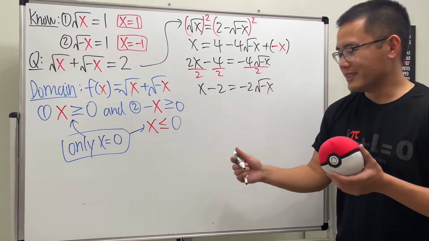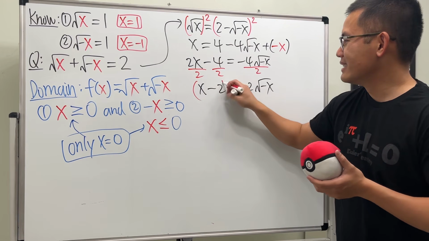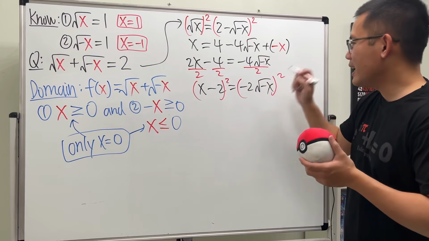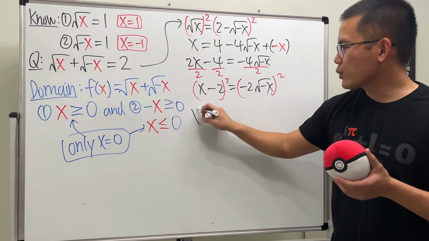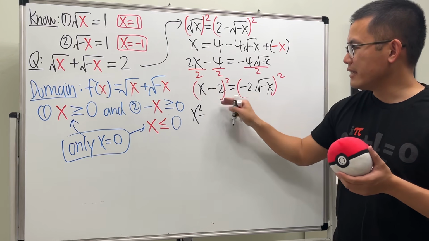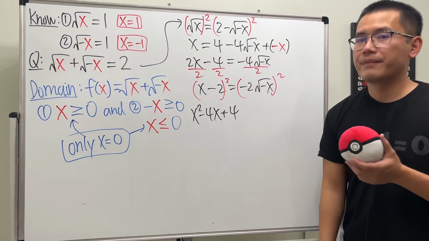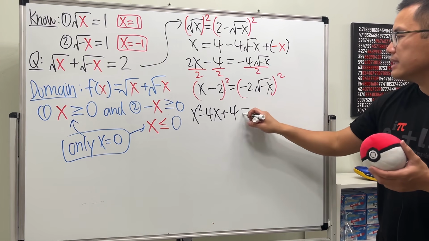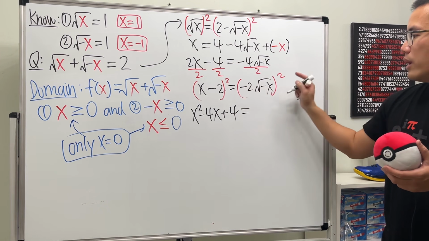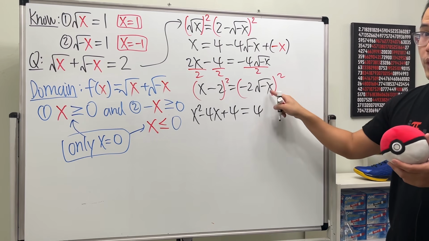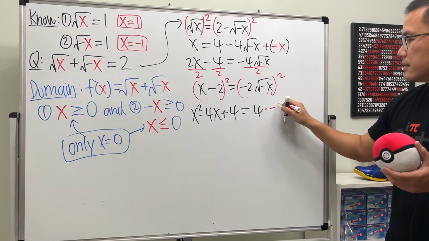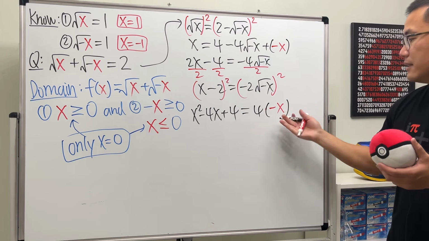We can still square both sides. So go ahead and do that. Open this, we get x squared minus 2 times this and that, so we have minus 4x, and then plus this square, which is 4. On the right hand side, we get negative 2 squared is 4, and then this thing squared is negative x. So we have it like this.